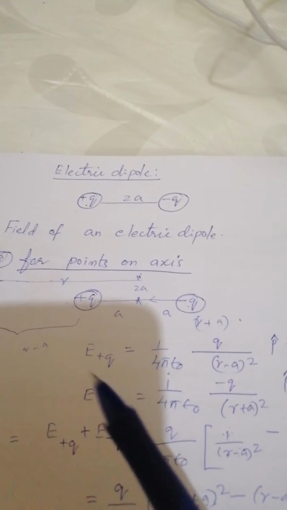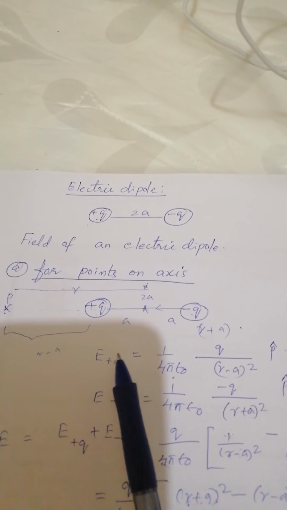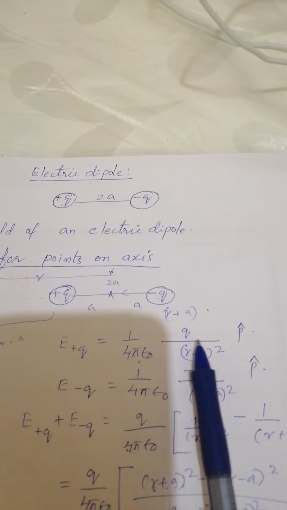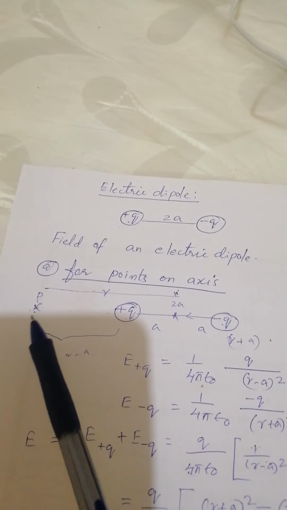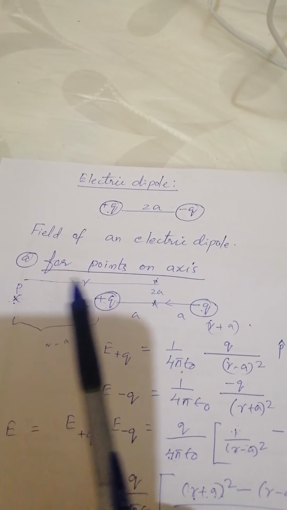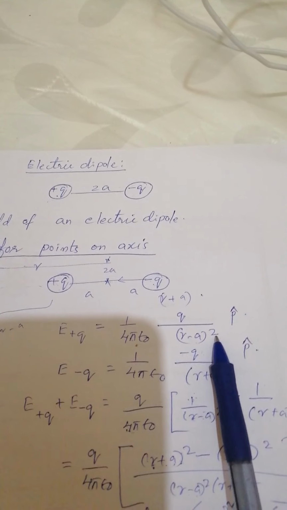So let us find out the electric field due to plus q and minus q now. The electric field due to plus q, E plus q, is equal to 1 by 4 pi epsilon 0 q divided by r minus a whole square, as we have already said.